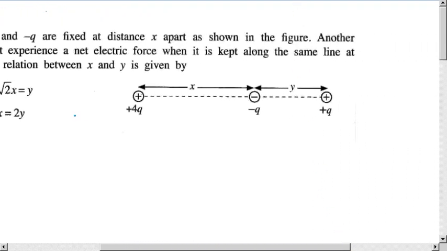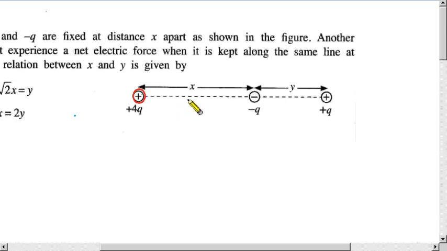They say that they have placed a charge whose charge is 4q positive. Let us draw a red circle so that you will be able to understand this properly.